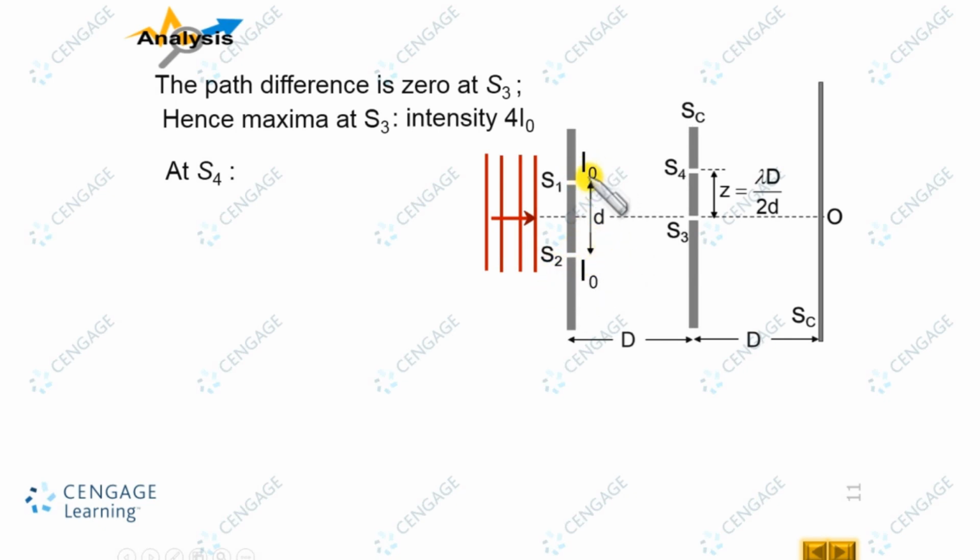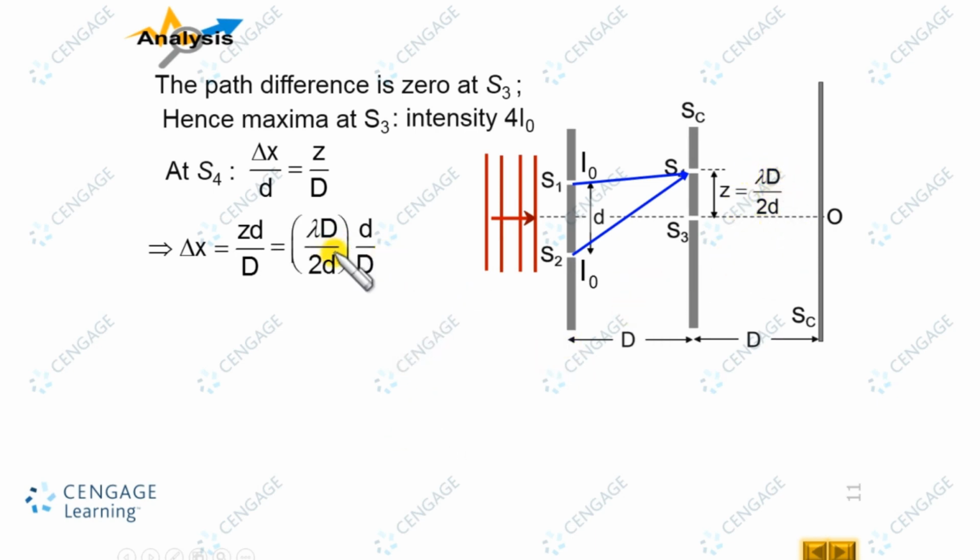The path difference divided by this small d is equal to Z, where Z is Y, divided by capital D. This is the path difference. Now we can write delta x equal to Z small d divided by capital D. Now we can substitute this value, lambda D divided by 2d. Here you can observe capital D will get cancelled, and small d will get cancelled.